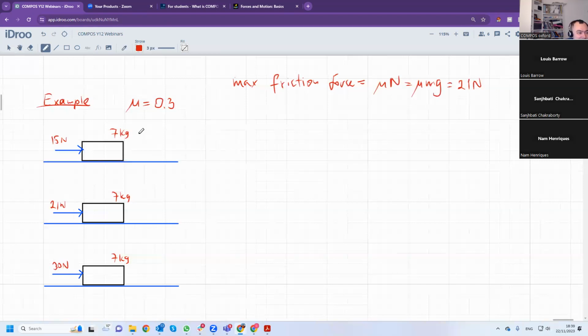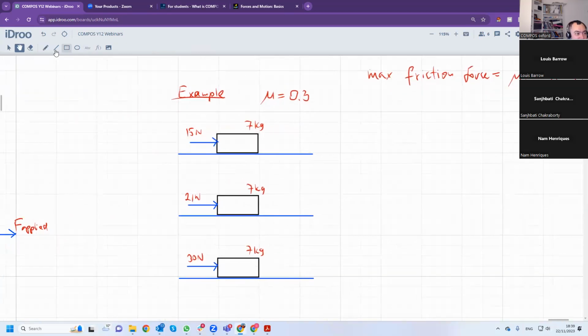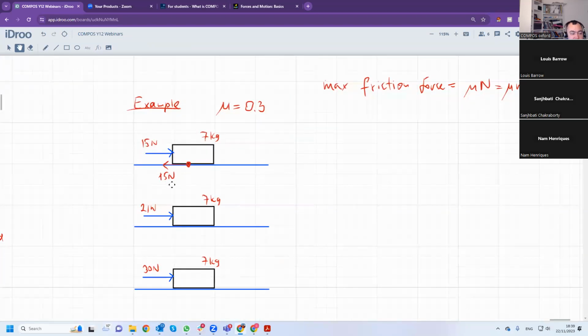So what is the friction force? In this case, the friction force is going to be exactly 15 newtons, because we haven't exceeded the maximum friction force. So the friction force will increase until the maximum friction force is reached. So 15 is 15. The force of friction is 15 newtons, and there's no movement.